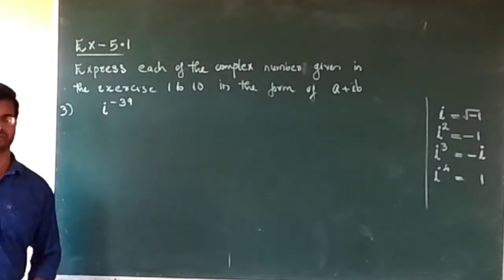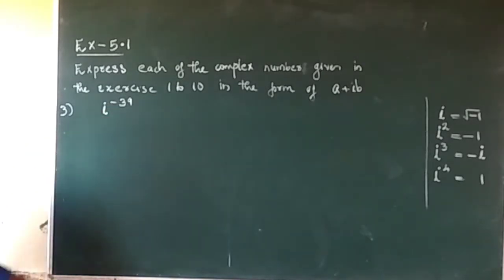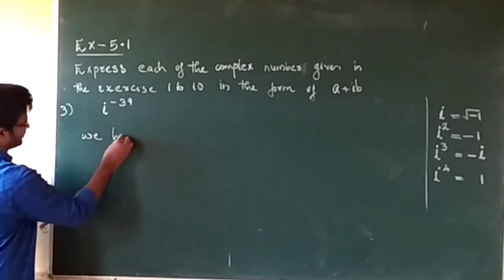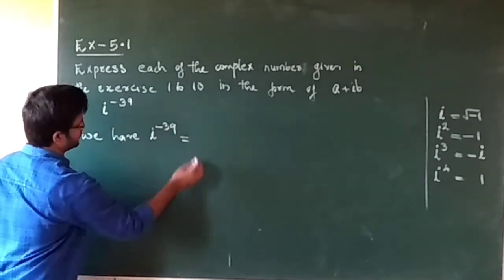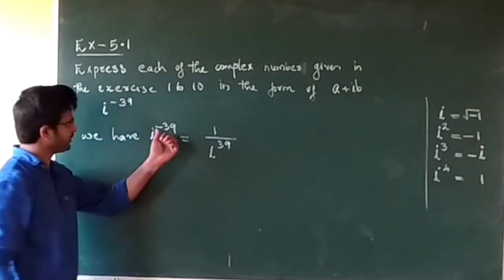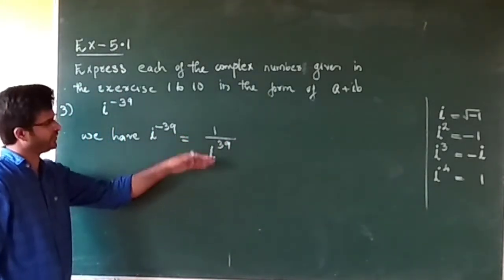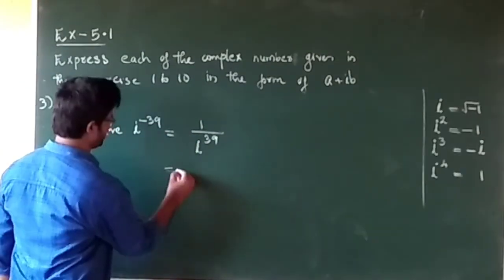Now we can see question number 3, i raised to minus 39. This one we can write 1 by i raised to 39. Here minus 39 is there, that's why we can write 1 divided by i raised to 39.